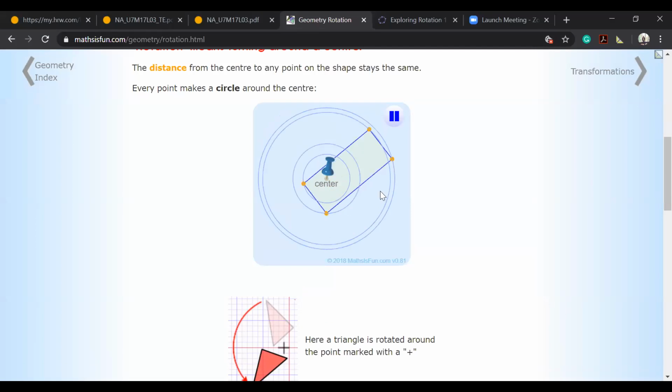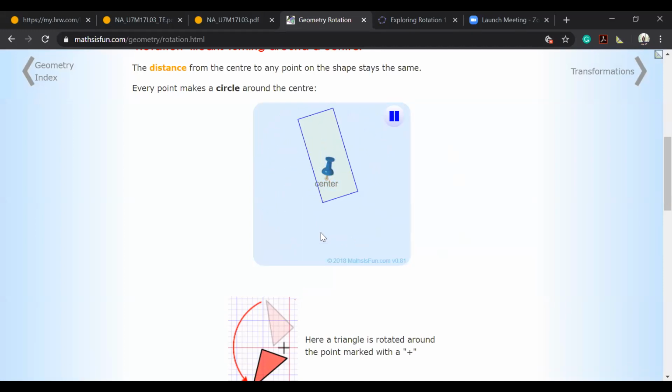This is called the rotation. In a rotation, you have a center of rotation, the point which is not moving, and all of the other points are moving in a circular motion around this point.